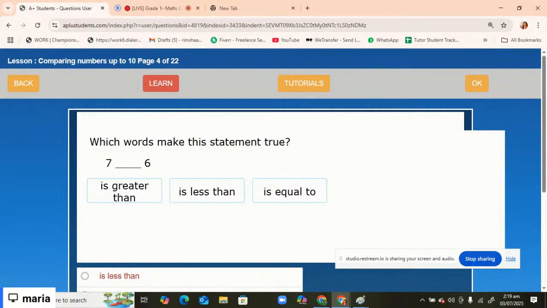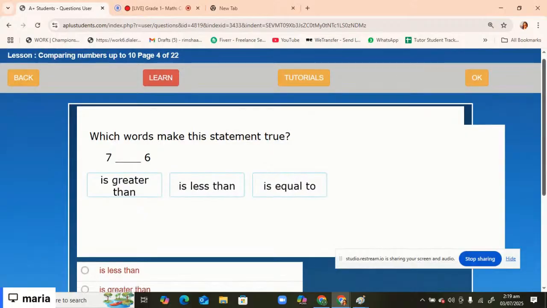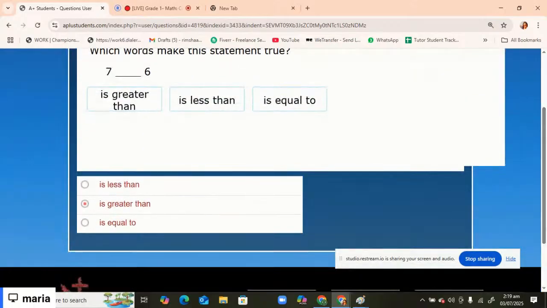So 7 is greater than 6. Okay, this is the right option.